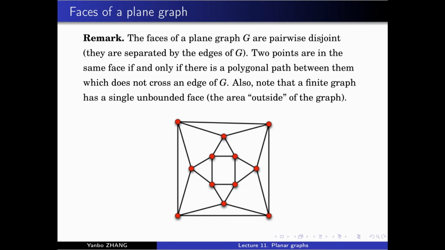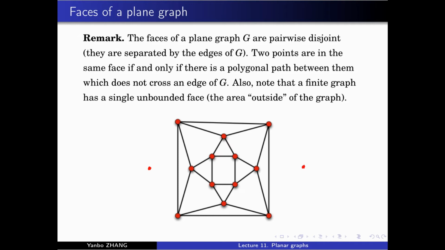Another remark is, the faces of a plane graph G are pairwise disjoint. They are separated by the edges of G. 2 points are in the same face if and only if there is a polygonal path between them which does not cross an edge of G. Here we have 2 points.